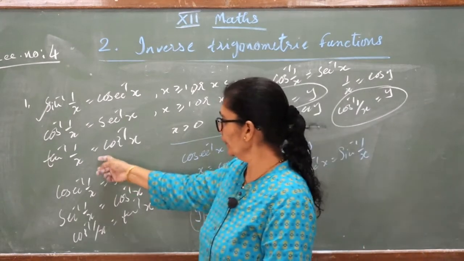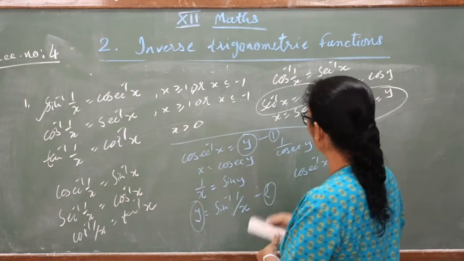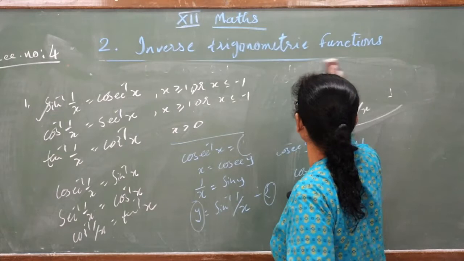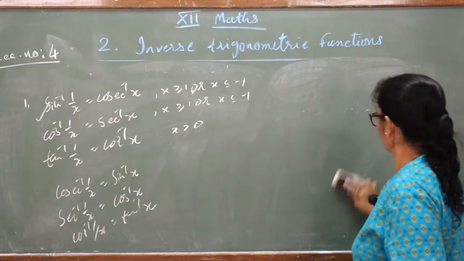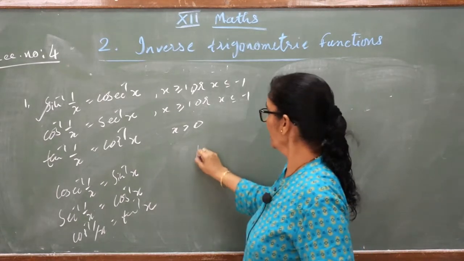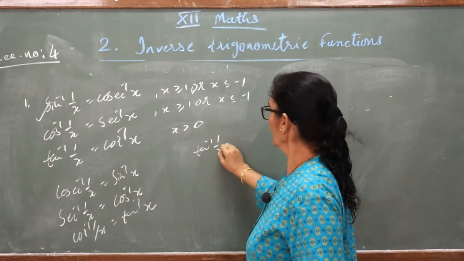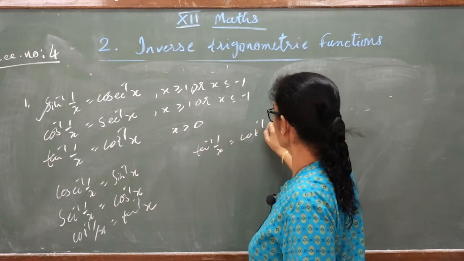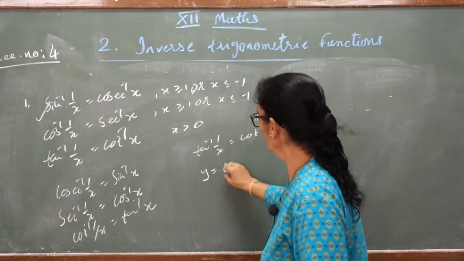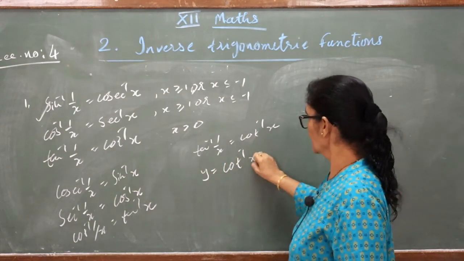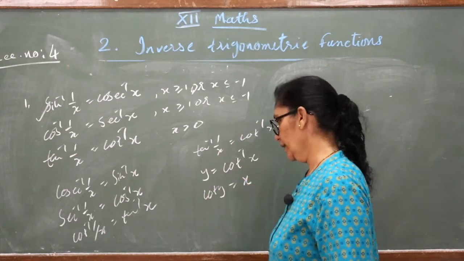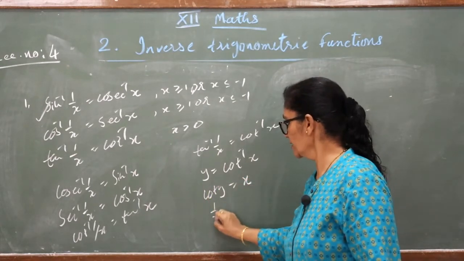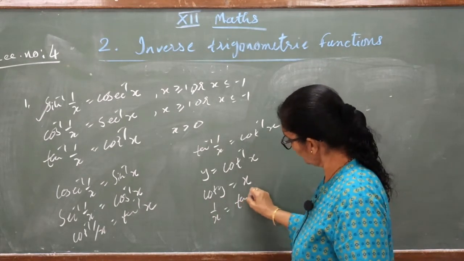Our third property can be proved the same way. Tan inverse 1 by x equals cot inverse x. I take y equal to cot inverse x, so cot y equals x. Now 1 upon x is tan y.